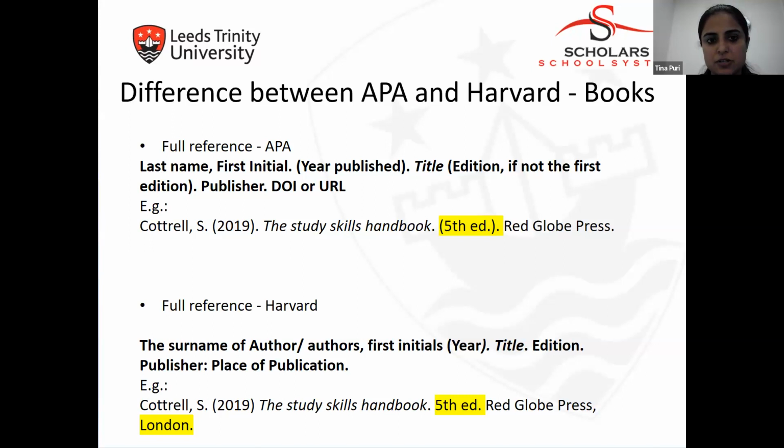Now this is the full reference for APA. On the other hand, the full reference for Harvard: surname of author or authors, first initials, year, title, edition, publisher, place of publication. Example: Cottrell S., 2019, The Study Skills Handbook, 5th edition, Red Globe Press, London.